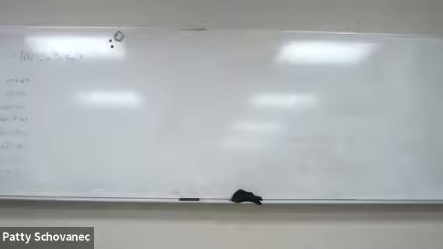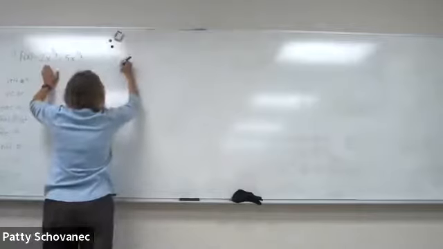Again, x of 0 is going to be the place where there's no derivative. But you got to be able to simplify this well enough to find the other critical numbers.